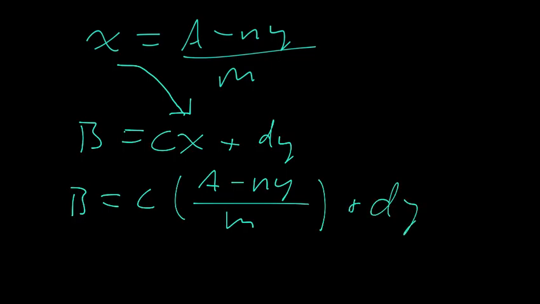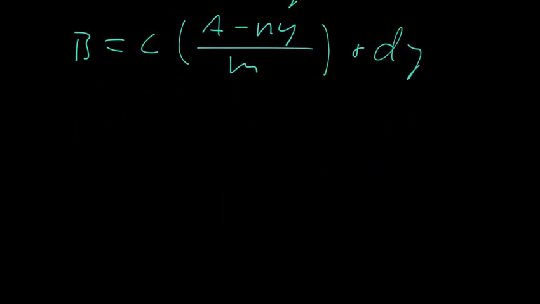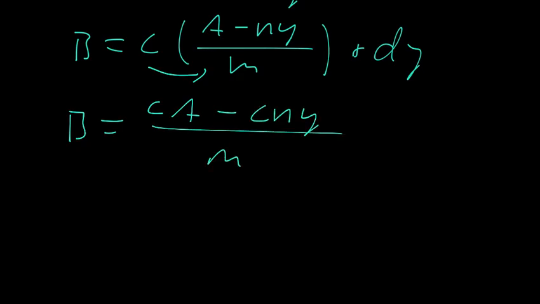So now this is like a normal equation. We have one equation and we want to solve for one unknown, in this case y. So first I'm going to multiply this c through. So we'll have b equals ca minus cny over m plus dy.